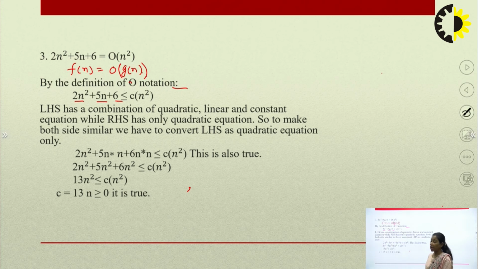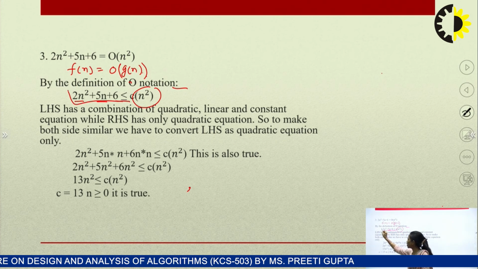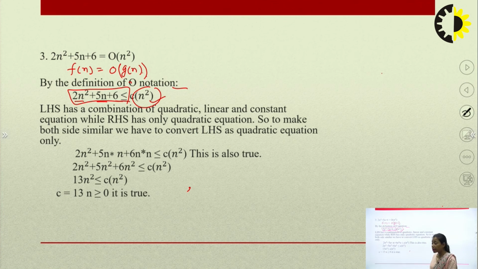So, this is a quadratic expression and this is a combination of three terms. How can the right hand side become greater than the left hand side? To make this inequality true, to make both sides similar, we have to convert the left hand side into a total quadratic expression. To do this, we multiply by n as required.